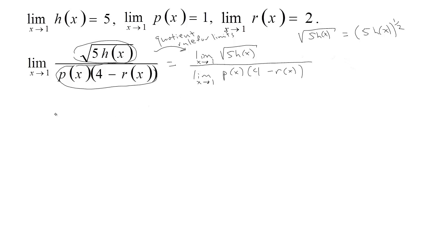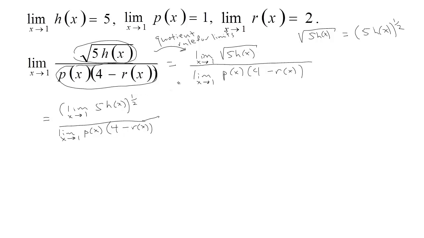So what we can do in our next step is write this as the limit as x tends to 1 of 5 times h of x to the 1/2 all over the limit as x tends to 1 of the product of p of x and 4 minus r of x.